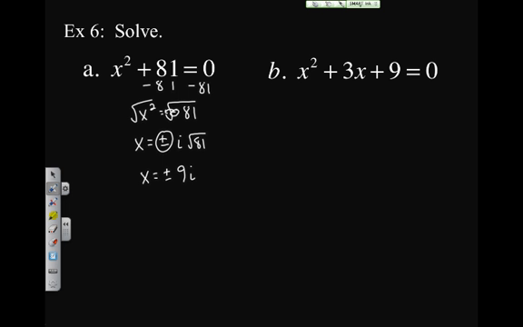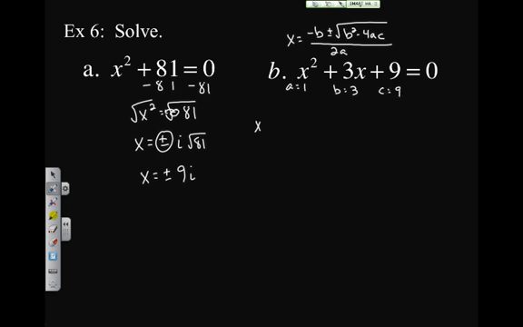For the second one, that doesn't factor. So we're going to have to go quadratic formula. Just to remind you, x equals negative b plus or minus square root of b squared minus 4ac over 2a. And we will just plug these values in. Notice a is 1, b is 3, c is 9.